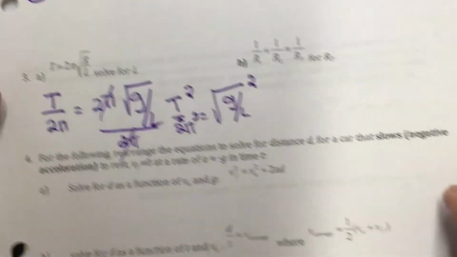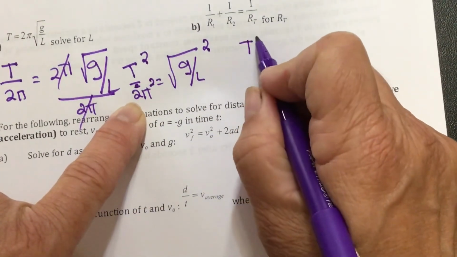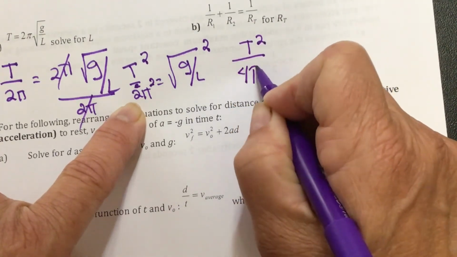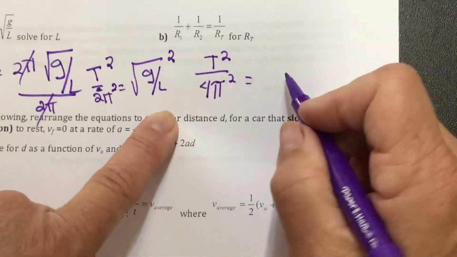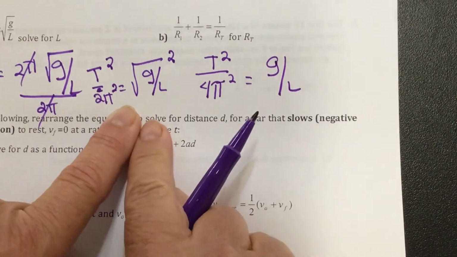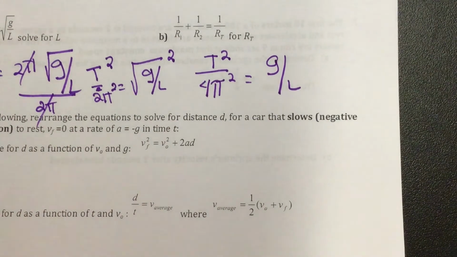That's the mistake a lot of people make. So if I do that, I get t squared divided by 4 pi squared, because even pi has to be squared, equals g divided by L, because by squaring the square root of it, I've gotten rid of it. And you're like, I'm done.